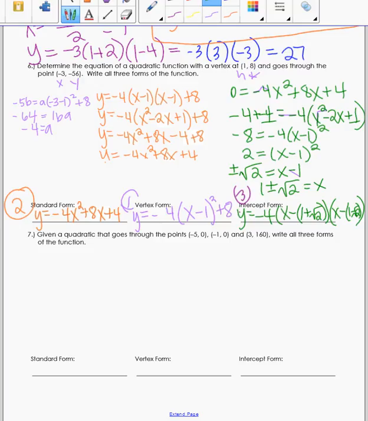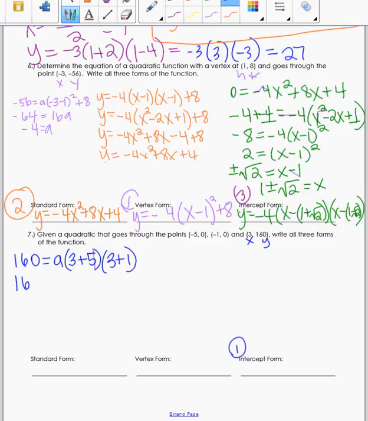All right, for number 7, we have a quadratic function that goes through points that are obviously x-intercepts, and we want to write all 3 forms of the function. So I'm going to start in intercept form here. So I have my x and my y, and then obviously my p and my q. So 160 equals a times 3 minus a negative 5 times 3 minus a negative 1.